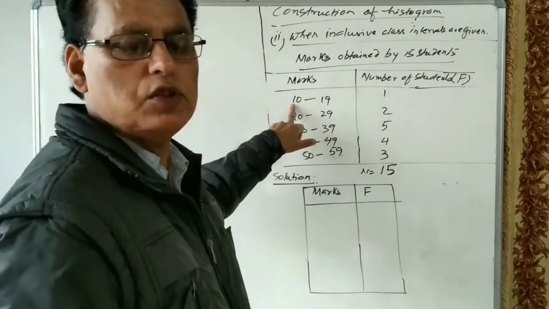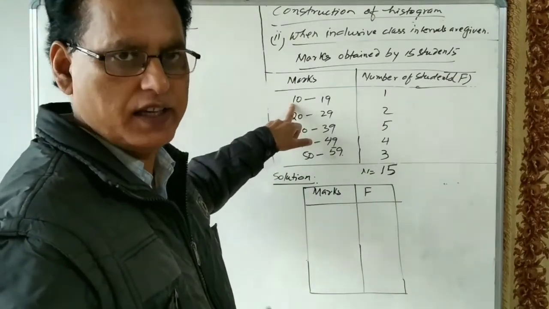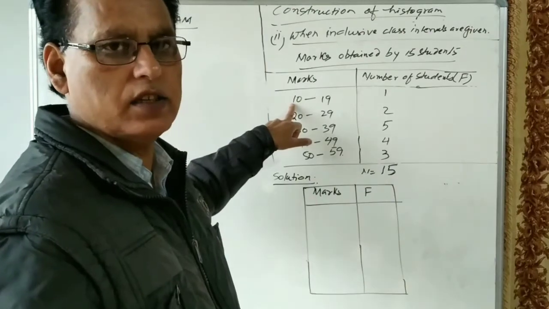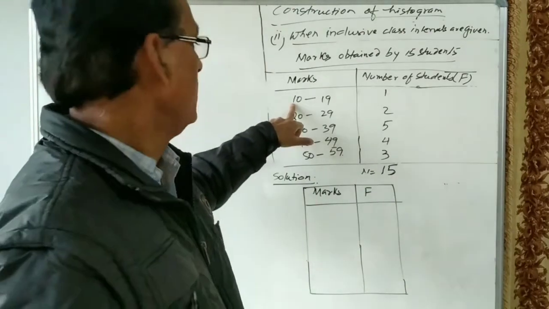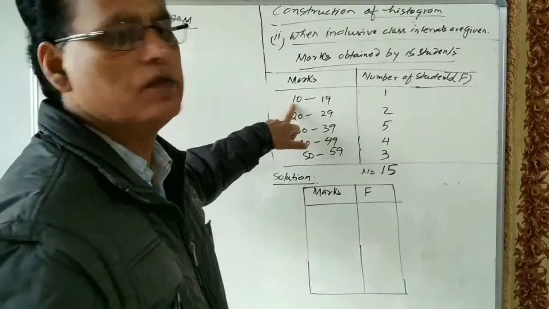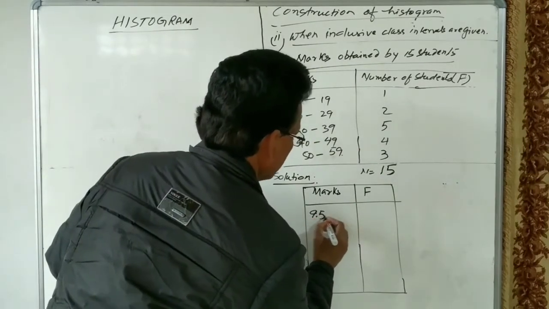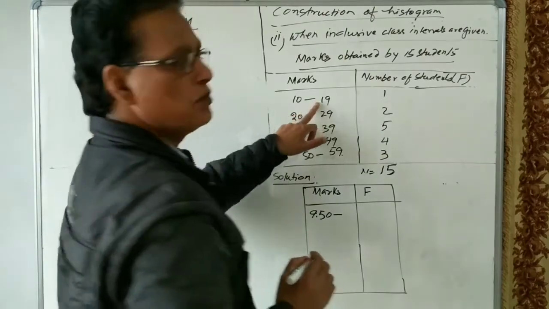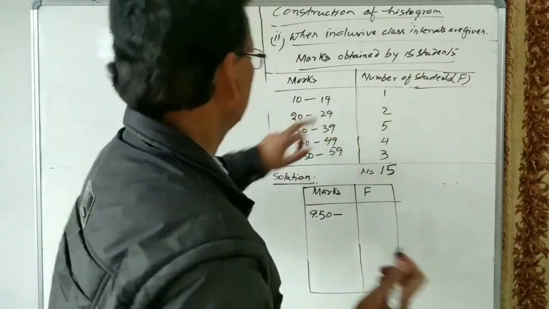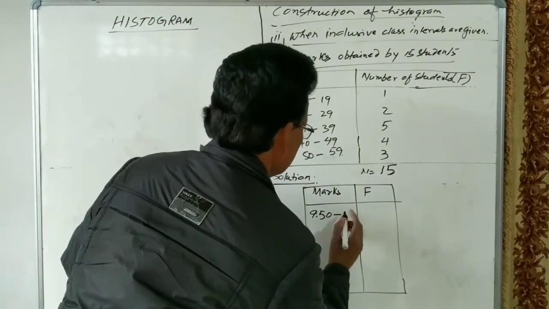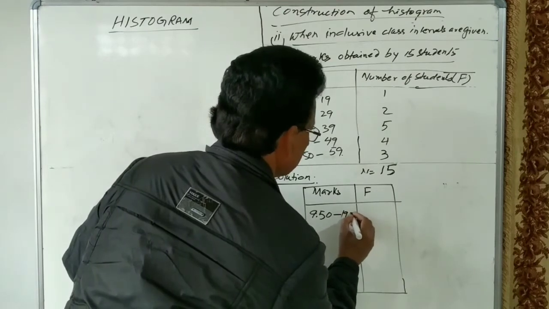From the lower limit, we have to subtract 0.5. So if we deduct 0.5 from 10, it will be 9.5. And in the upper limit, we have to add 0.5, so this will become 19.5.